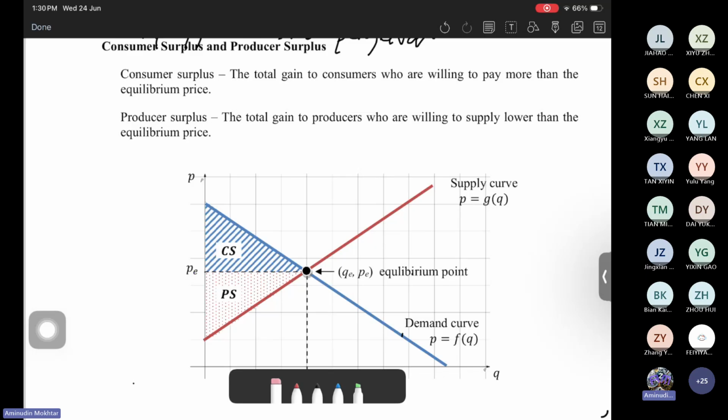It is the basic theory in economics. So the intersection between supply and demand curve is known as the equilibrium point. Let's say we assume that this is also the market price. The consumer is willing to pay this PE, and the producer is willing to receive this price level.